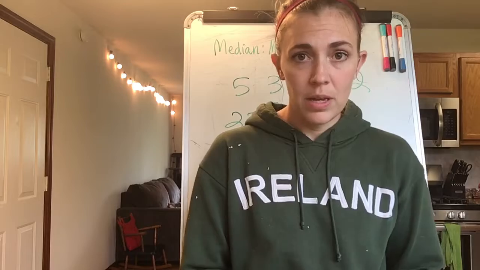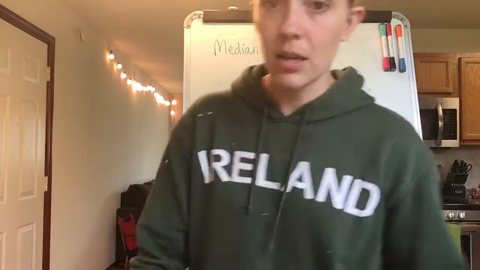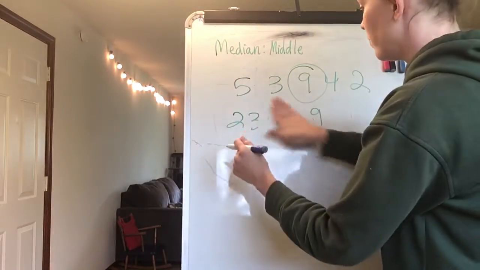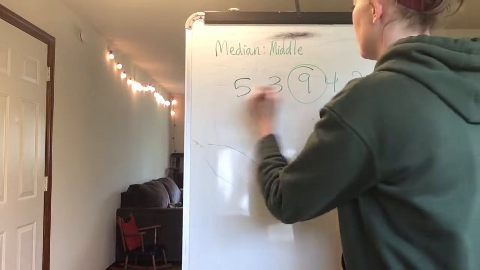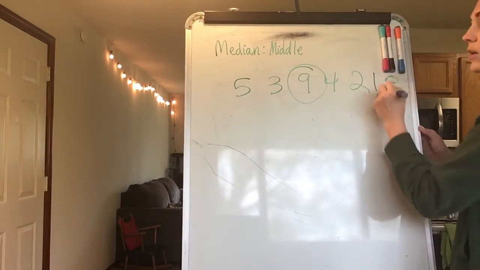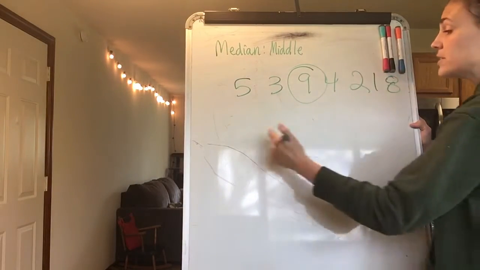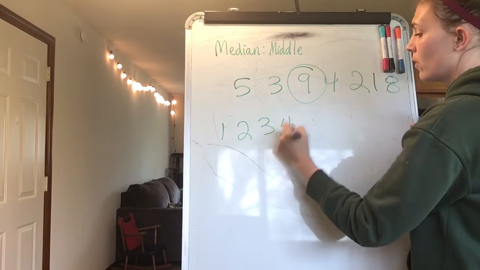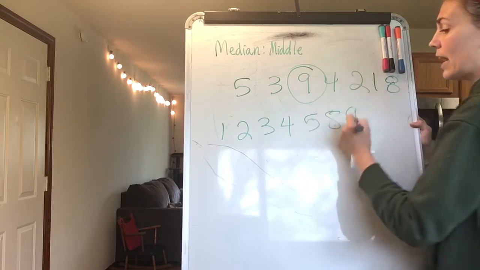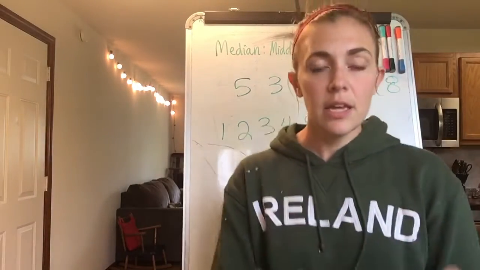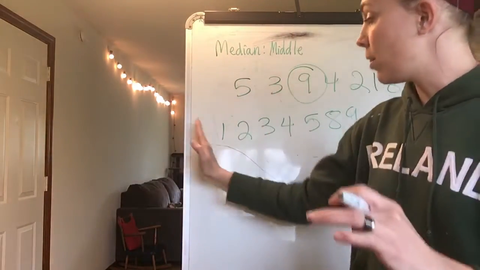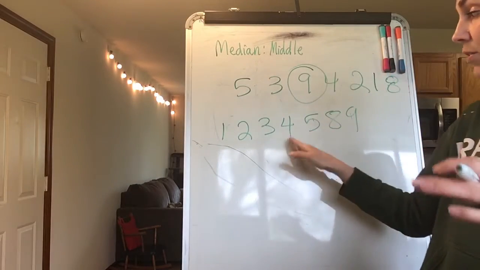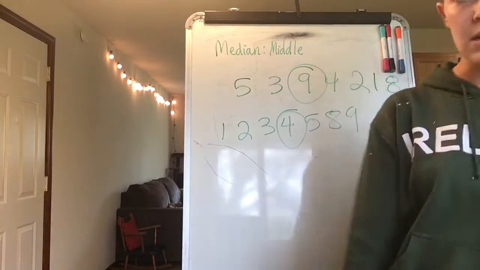Now on 1.3, it asked if you were to add, let's say, numbers 1 and 8 to our data. From least to greatest, this would now be 1, 2, 3, 4, 5, 8, 9. And they asked, did adding 1 on the left and 1 on the right side of the median change the median?